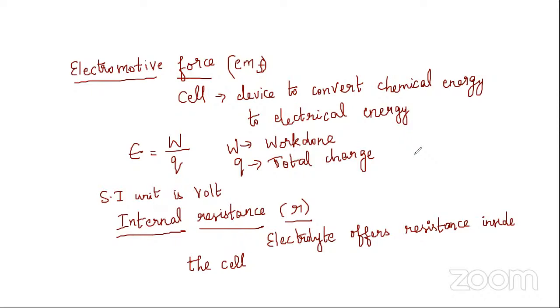It is always less than 1.5 volt, because the internal resistance within the cell causes some loss of energy. So the cell may not be able to supply the EMF value as it is mentioned on the cell. There is always some loss of energy due to the internal resistance. Okay. So this is what you need to know about the EMF and internal resistance.